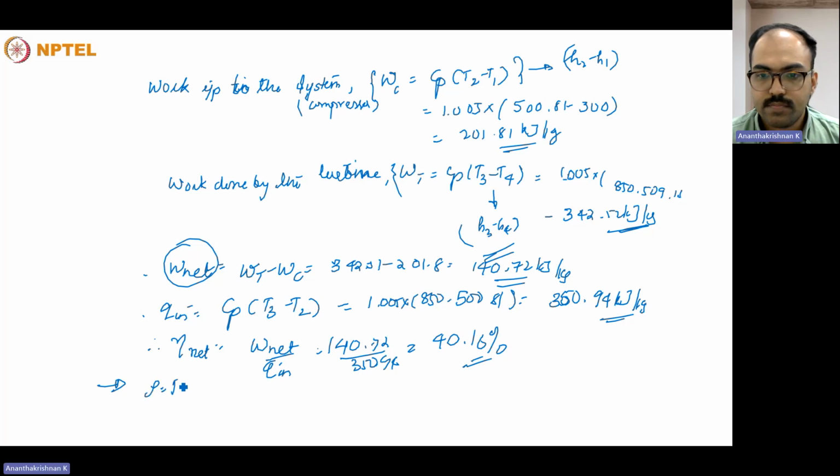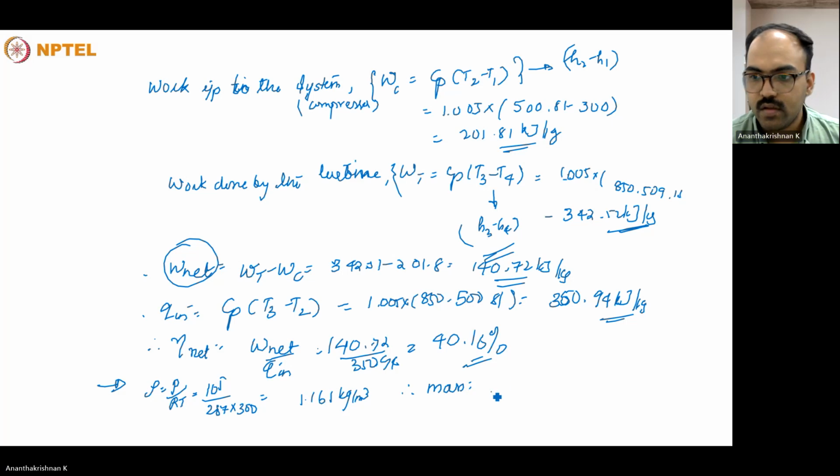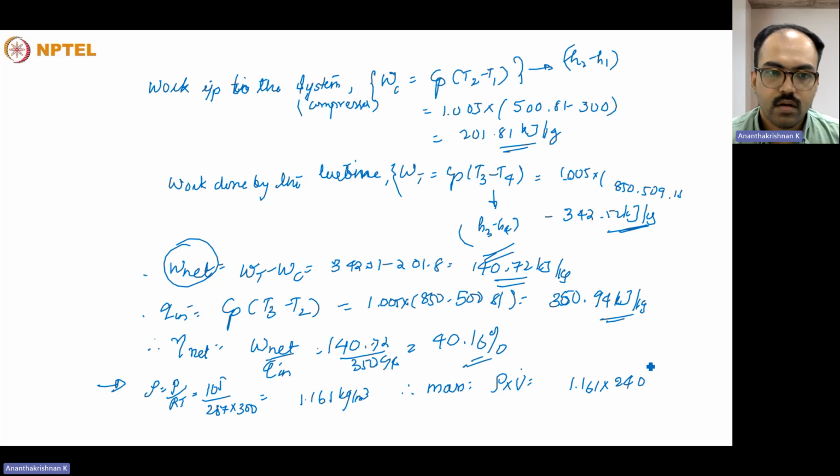So rho could be written as P by RT. Pressure at the inlet is 1 bar, R is 287 joule per kilogram Kelvin, and temperature is 300. So you get the density. Therefore, mass flow rate is equal to rho into volume flow rate, that is 1.161 into 240 meter cube per second.